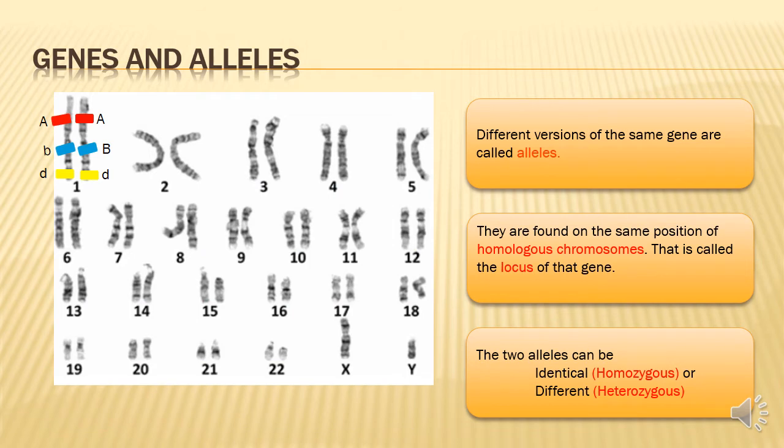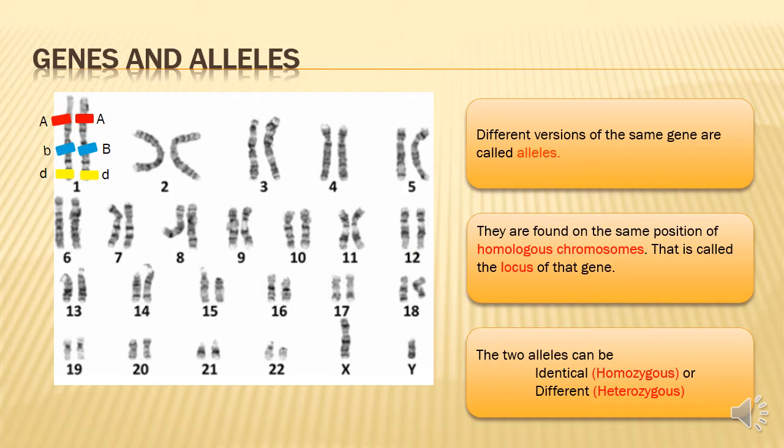Well, before we discuss these inheritance patterns, let's try to recall our knowledge on genes and alleles of our chromosomes. As you all know, our nuclear genome contains 22 pairs of autosomes and a single pair of sex chromosomes. If we look at our first chromosome, it has 2 copies.